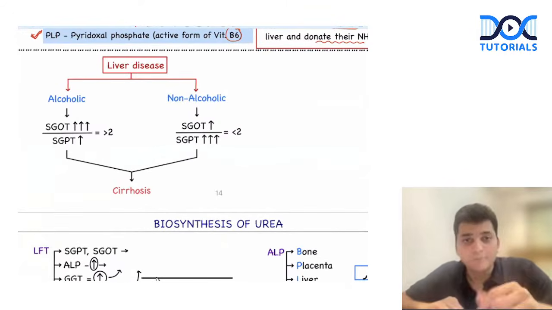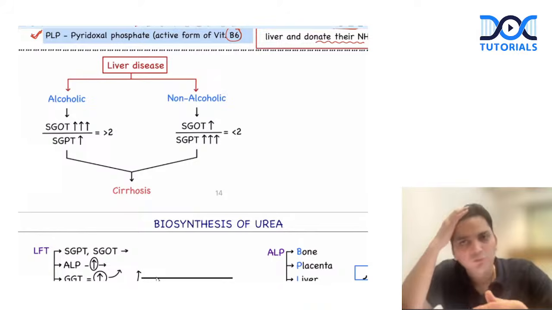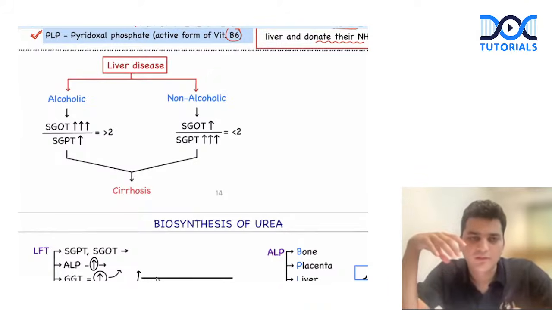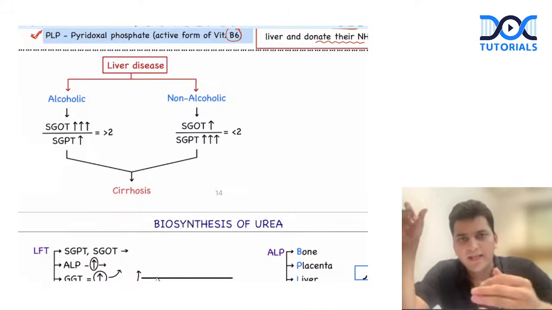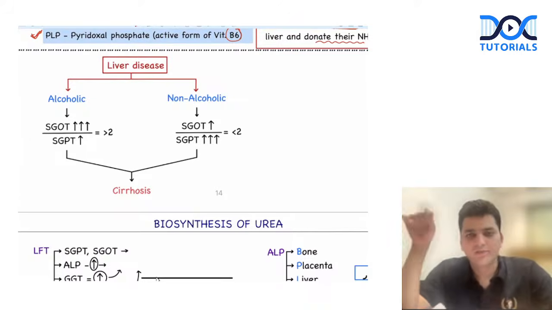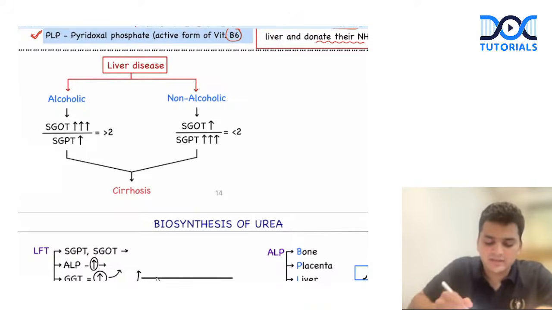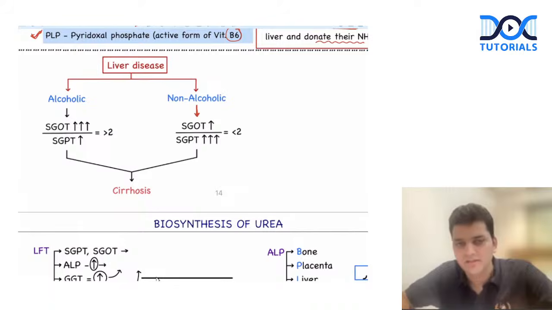Although you will discuss it in more detail in hepatology, as of now we'll get some basic idea. Liver diseases we can divide into two categories: alcoholic and non-alcoholic. Whenever there is a liver disease, the SGOT and SGPT are going to increase. If it is an alcoholic liver disease, the SGOT will increase more. If it's a non-alcoholic liver disease such as hepatitis B, hepatitis C, Wilson disease, the SGPT will increase more.